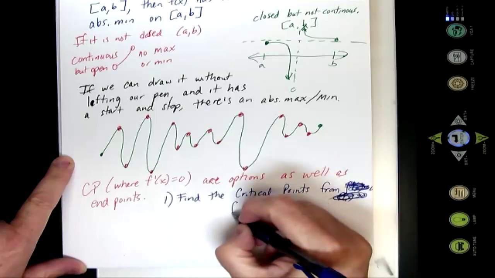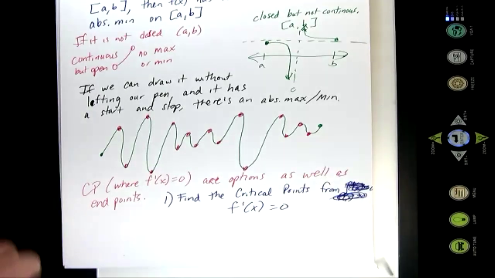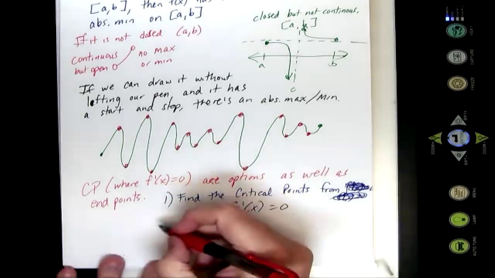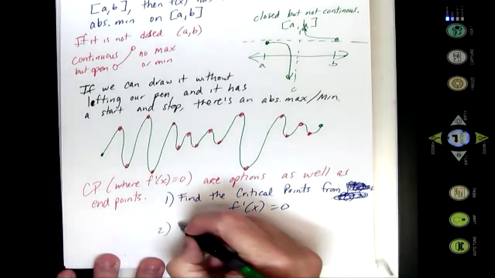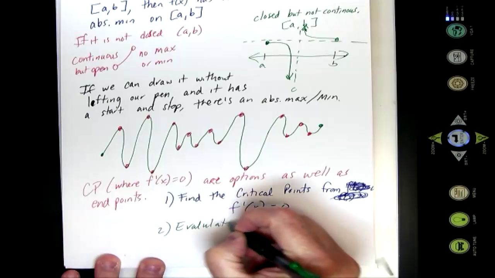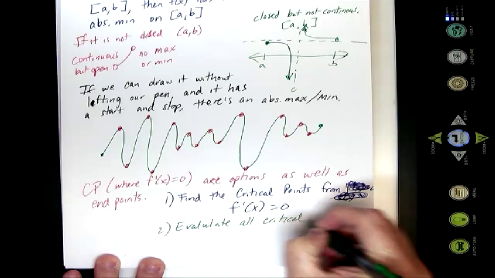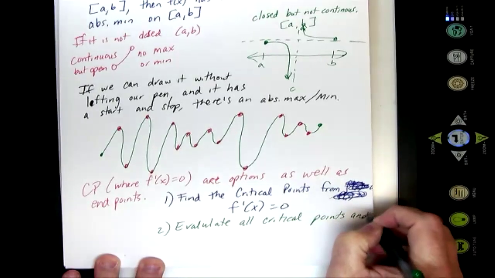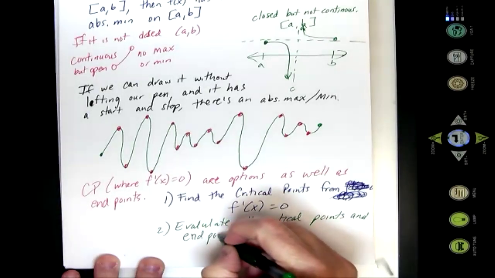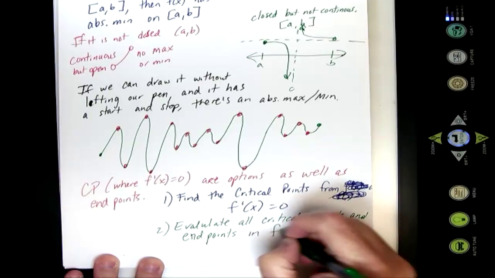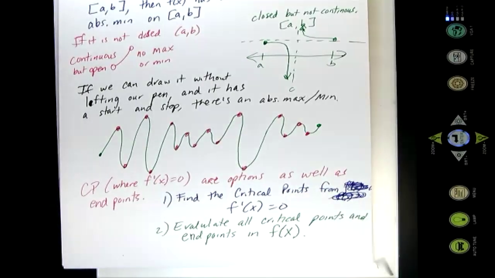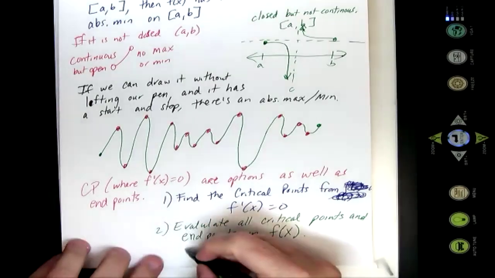Evaluate all critical points and endpoints in f of x, not the derivative, back to the original function, because that gives us our y value. And find the biggest and smallest y.